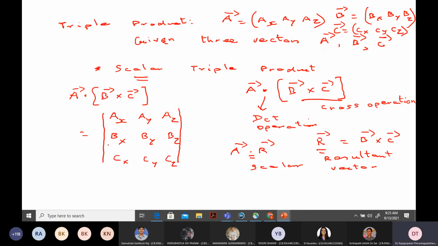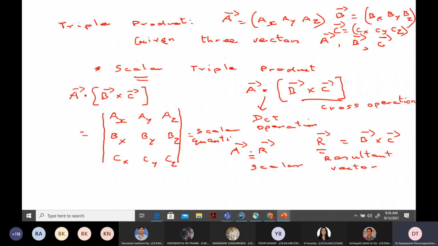Now you can easily do the determinant value. It's like a box, a 3 cross 3 matrix determinant, and you get a single value. So you will get a scalar quantity.